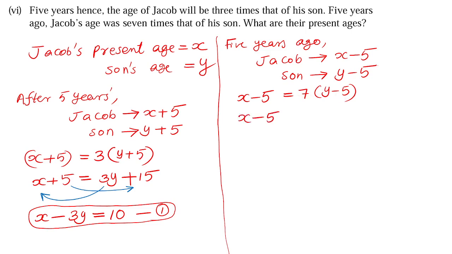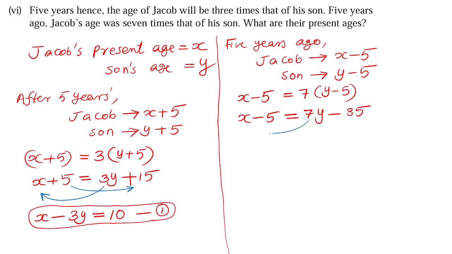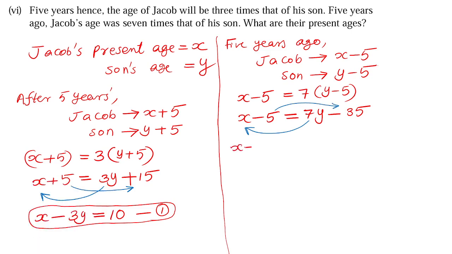So x minus 5 equal to, just open the bracket, 7y minus 7 into 5, 35. I want the variables in the left side. Okay, it's taken to this side, minus 5 taken to the other side. The left side will be x minus 7y, and the right side will be this minus 5 go to the other side.